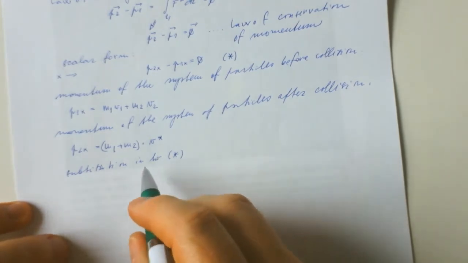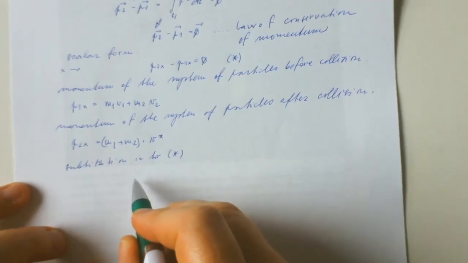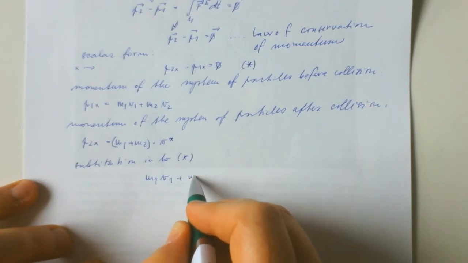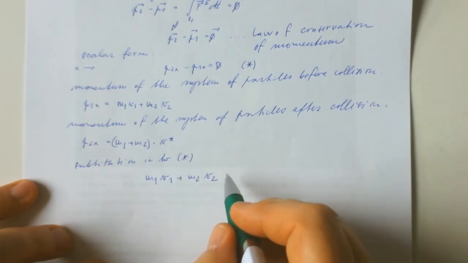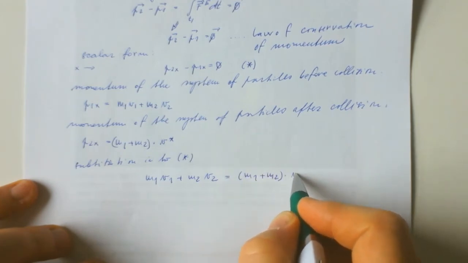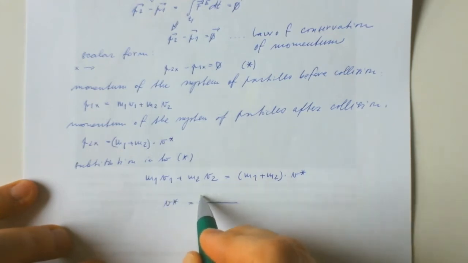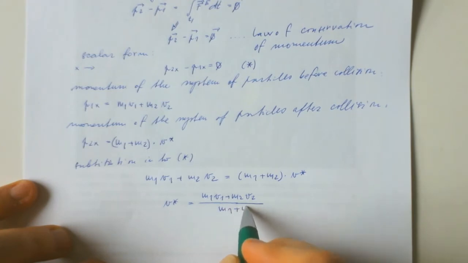So we can write that m1 v1 plus m2 v2 is equal to m1 plus m2 times v star, and from that v star is m1 v1 plus m2 v2 over m1 plus m2.